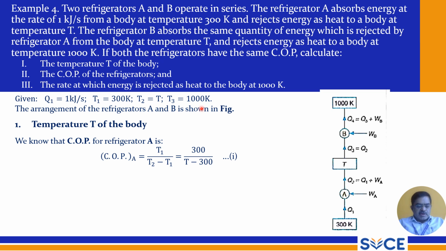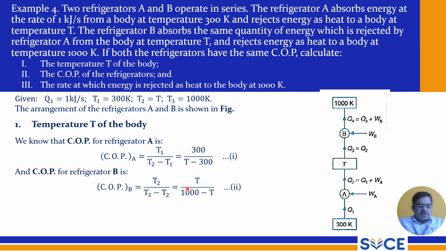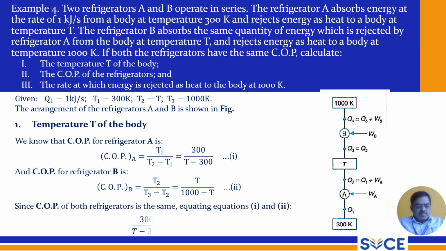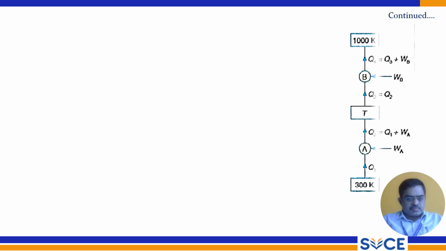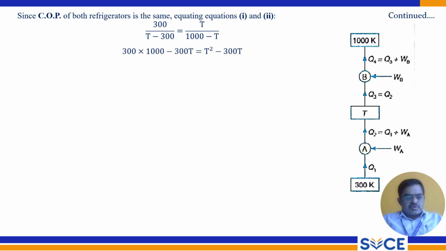It is also given that COP of A is equal to COP of B. The COP of B is T2 divided by T3 minus T2, equal to T divided by 1000 minus T. So we can equate these two, and only T is unknown, so we can easily find this T. By solving these two, we get T equal to 547.7, a simple calculation only.